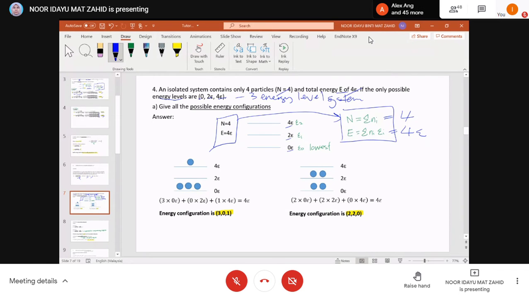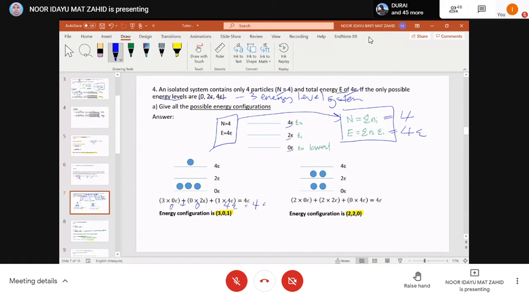Based on this condition, let's say you put 3 particles at 0 epsilon, the lowest energy level. 3 times 0 epsilon is equal to 0, plus, remember it's a summation, there's no particle in the first energy level, so 0 multiplied by 2 epsilon is also 0. In the second energy level, you have 1 particle multiplied by 4 epsilon, which equals 4 epsilon.